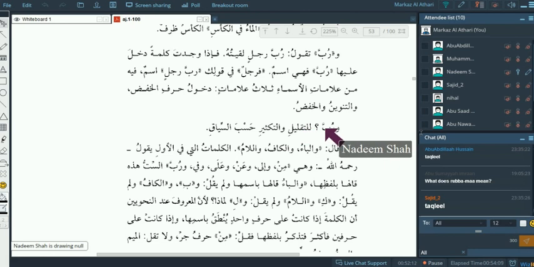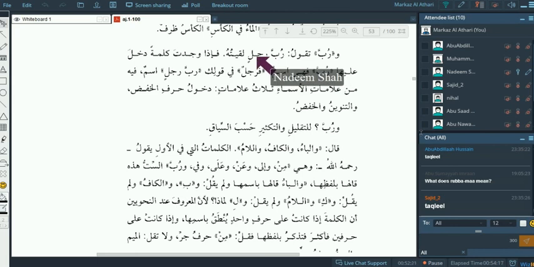So, rubba, my brother Imran, means, when you put rubba before a noun, it can have either of two opposite meanings. It can mean that the word after it is unlikely to happen, or there are a few of them, or it can also mean there are many of them, depending on the rest of the sentence and the context.